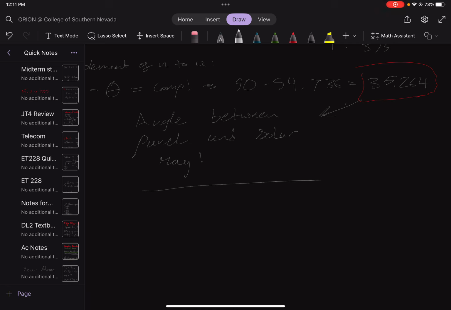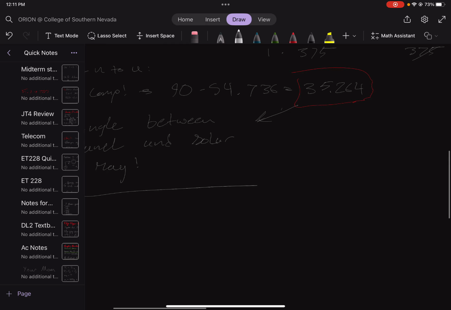But, well, basically what I'm saying here is that the angle that we created first, we wanted it to be small. But when we subtract it from 90, we want it to be as large as possible. And the reason why is because this angle is basically telling us how perpendicular we are to the sun. So really the ideal thing that we want is a perfect 90-degree angle.